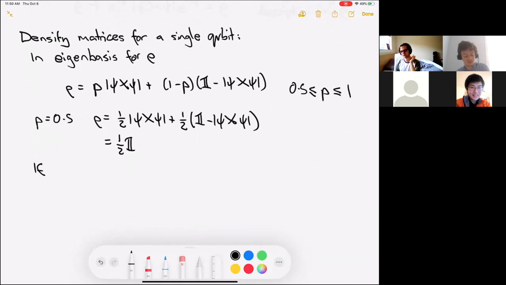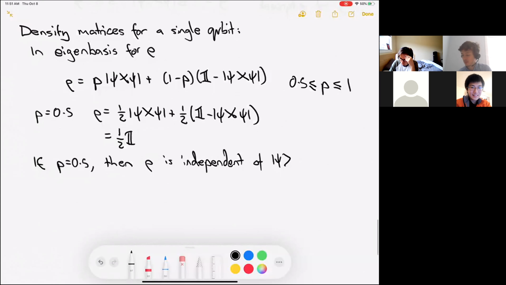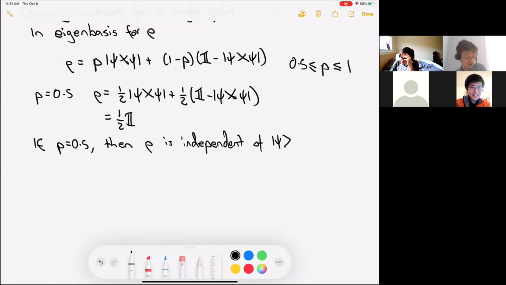So if p equals 0.5, then rho is actually independent of the state psi. But if p is anything strictly larger than 0.5, then every different state ket psi gives a different density matrix rho. So this gives us a very nice geometric picture for these mixed states rho.